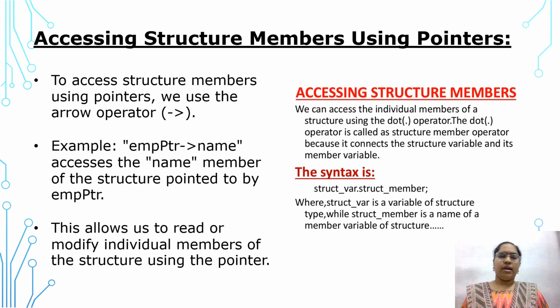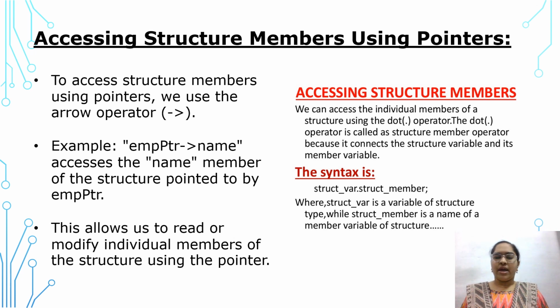Next, accessing structure members using pointers. To access structure members using pointers, we use the arrow operator. We can also use the dot operator for accessing individual members of structures, and this dot operator connects the structure variable and its member variable.